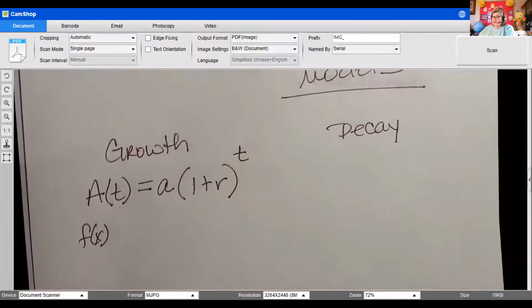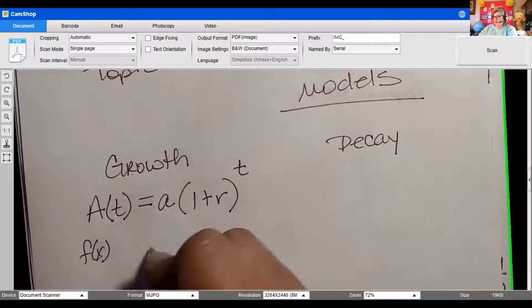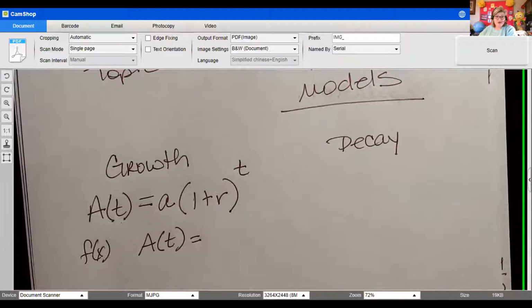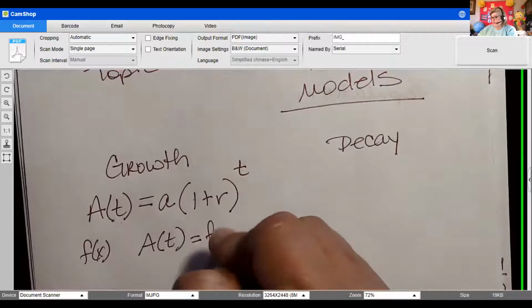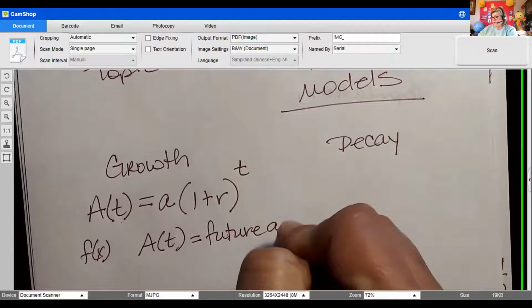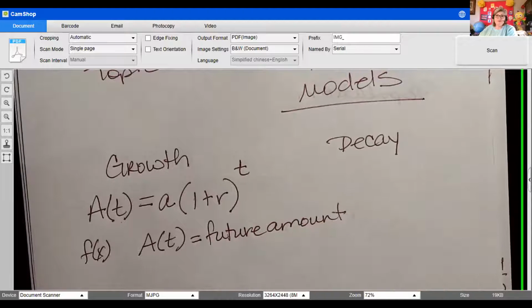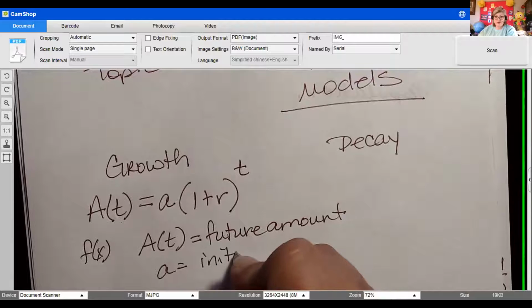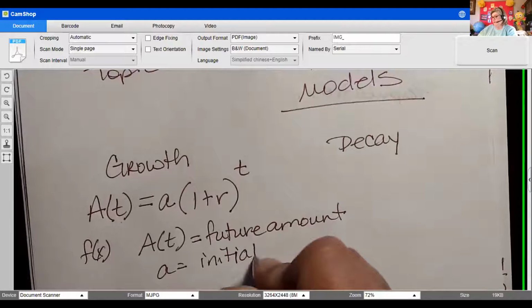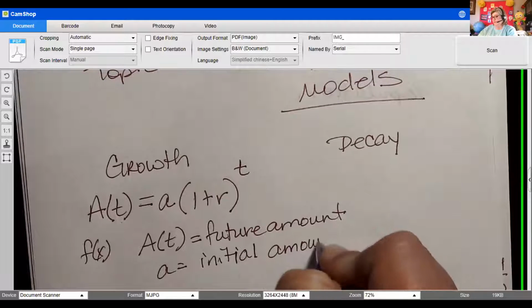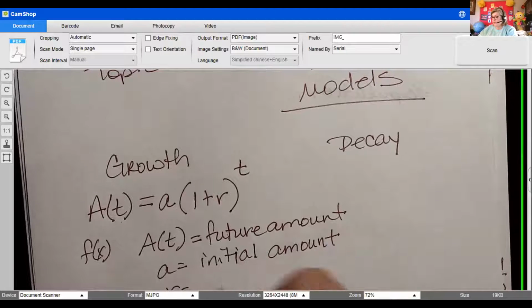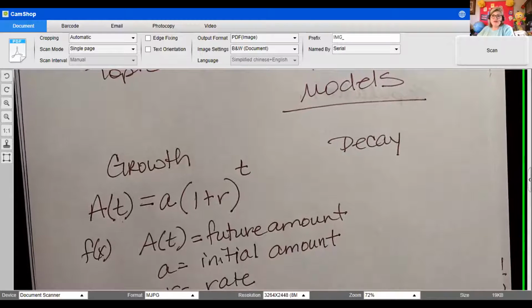So if we were to write these down, we have essentially the future amount that we're solving for. And then we have the initial amount, what we started with. R is your rate. That rate could be a growth rate.